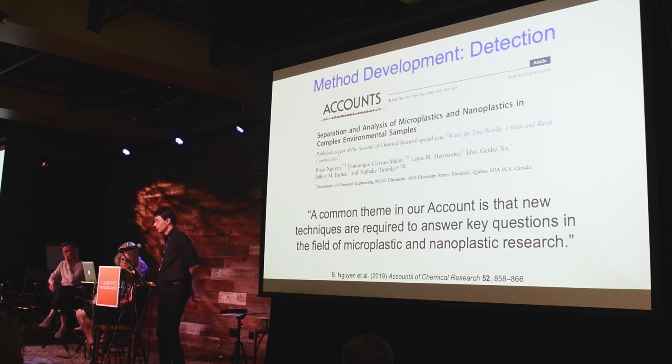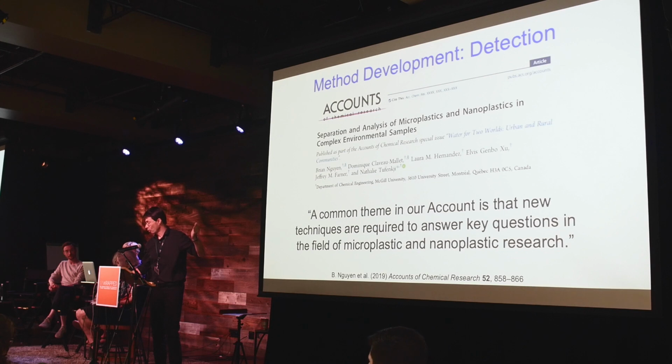They say, a common theme in our account is that new techniques are required to answer key questions in the field of microplastic and nanoplastic research. So again, what I said at the beginning, we have to find the appropriate methods before we can say anything solid about these materials. This is about methods for identification, detection, and quantification.